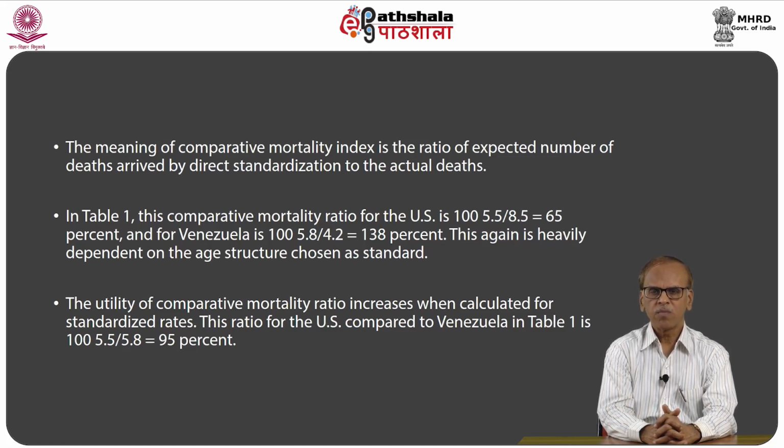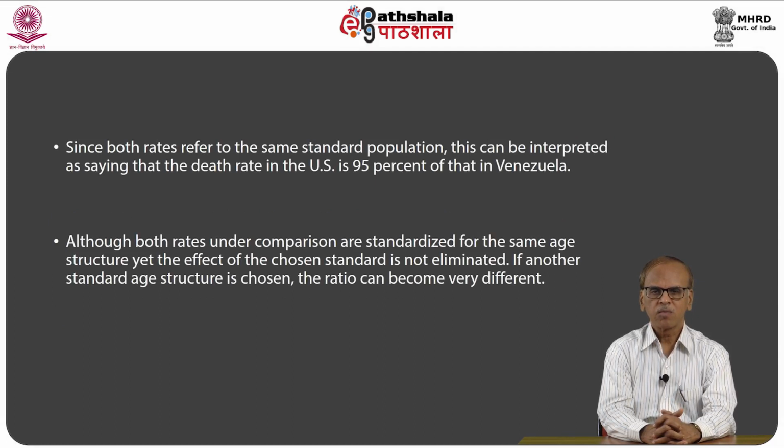The utility of comparative mortality ratio increases when calculated for standardized rates. The ratio for the US compared to Venezuela in table 1 is 100 multiplied by 5.5 divided by 5.8, that is 95%. Since both rates refer to the same standard population, this can be interpreted as saying that the death rate in the US is 95% of that in Venezuela.